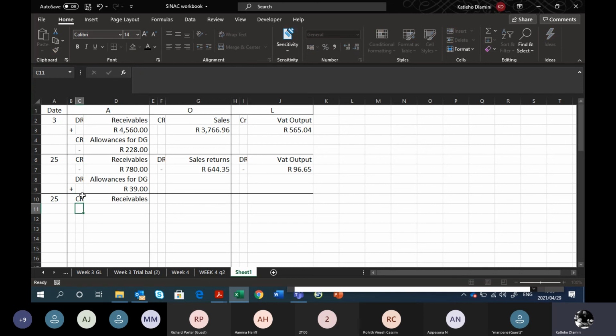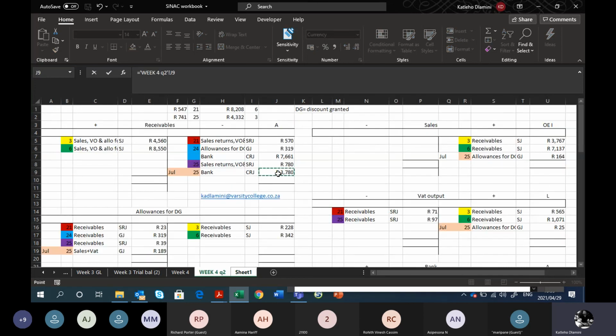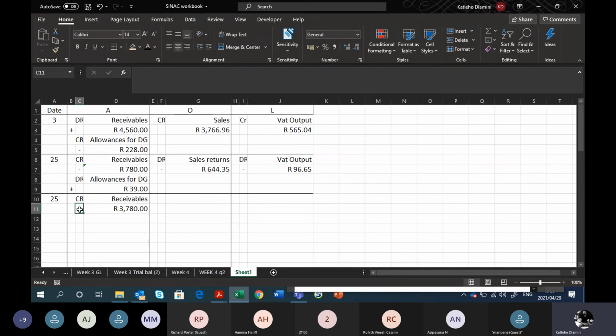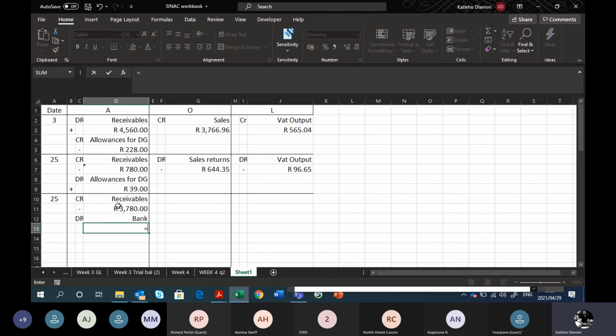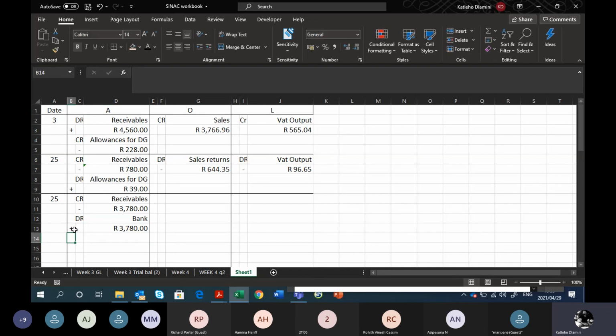Receivables is credited with the amount of 3,780 Rand, which is then a negative effect. Your bank account is then debited with the same amount, which is a positive effect. Okay, so that's the first part or portion of that.